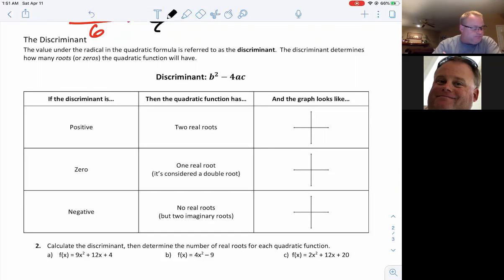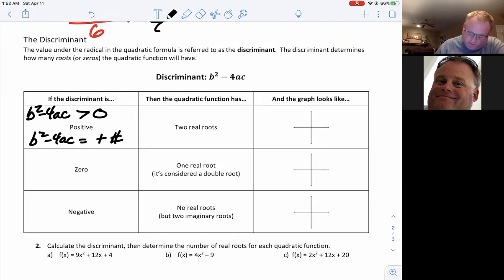Now here's the thing. If b squared minus 4ac is greater than 0, which means a positive number above 0, then it's going to have two real roots, okay?